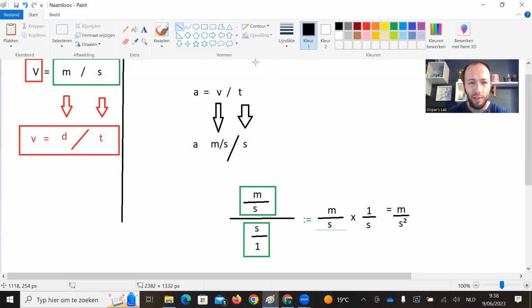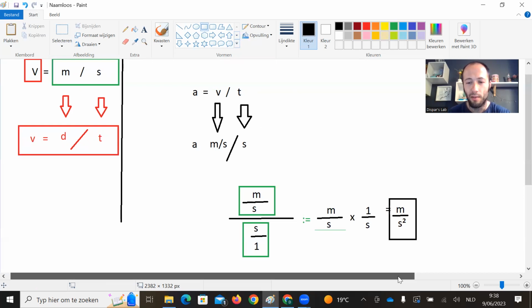And so we have meters per second squared. And that's just another way of notating meters per second over seconds, or velocity over time. That's all that implies. Meters per second squared implies change in velocity over time.